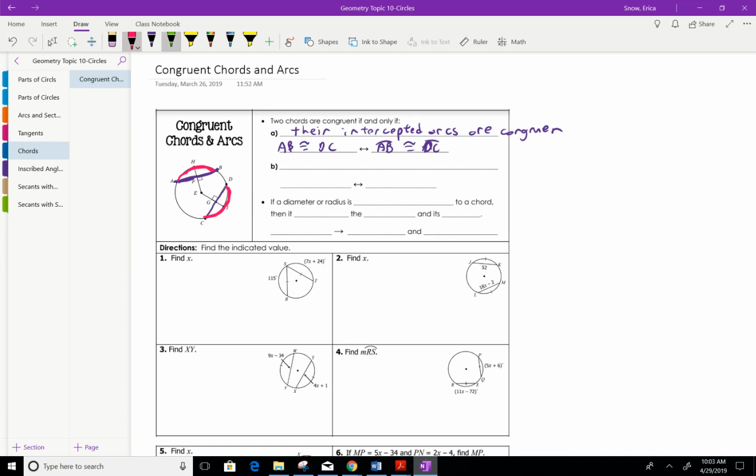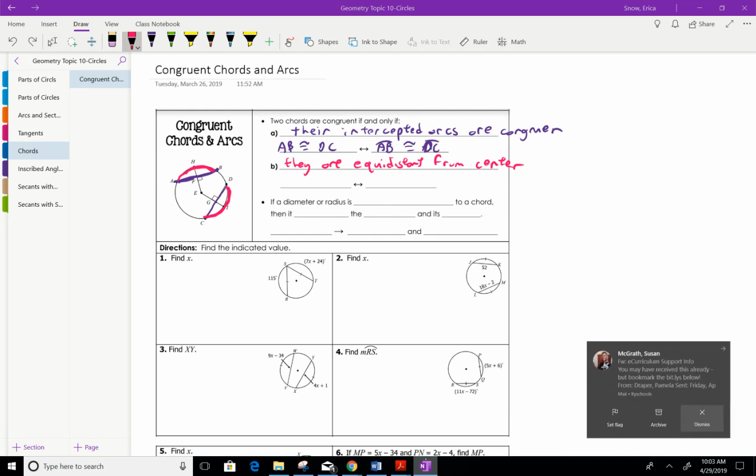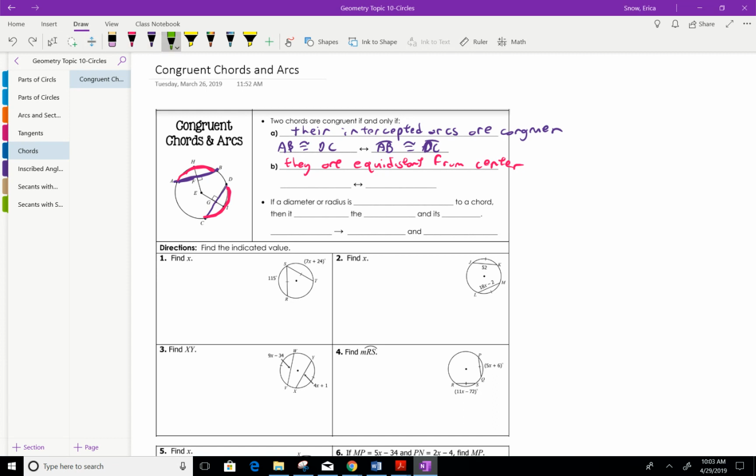And then the second theorem we're going to talk about is if they are equidistant from the center. And the way that you can tell this is that these two little segments here are congruent.